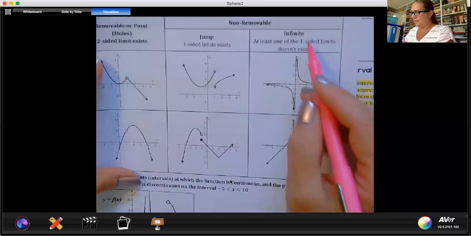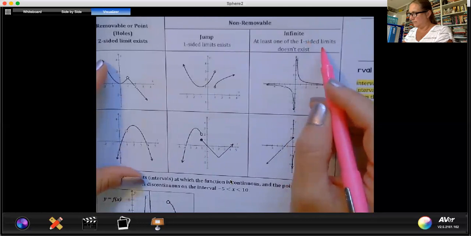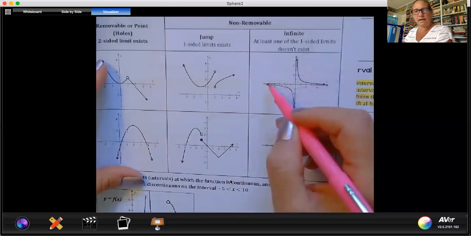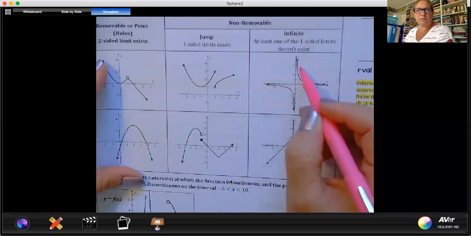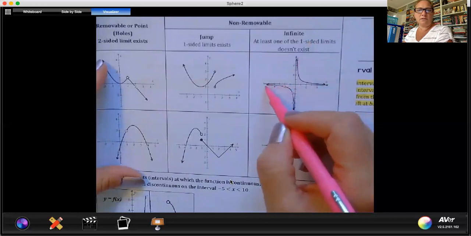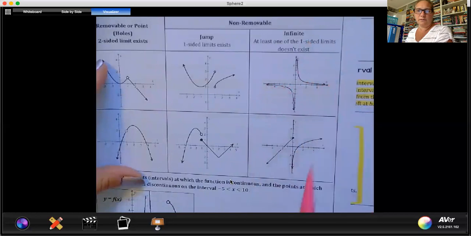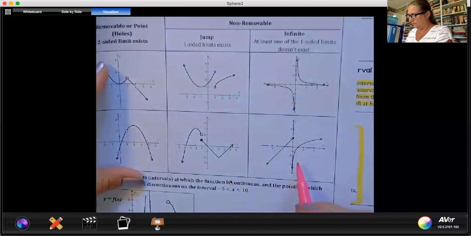Then we have infinite, so at least one of the limits does not exist. In this case, this one is going to negative infinity, this one is going to positive infinity, this one is going to 0, and this one is going to 0. You have another infinite jump discontinuity here, going in this direction, and then in this direction.